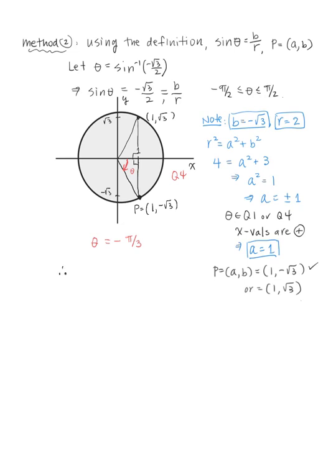Therefore, sine inverse of negative root 3 over 2 is negative pi over 3. So that's just another way to do it if you like to deal with a, b, and r. I personally like the first method, but you can choose your favorite weapon.